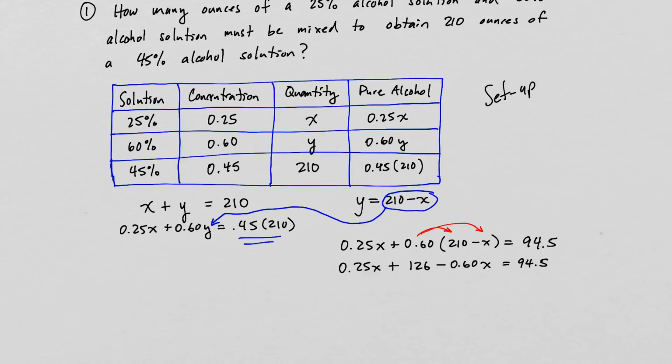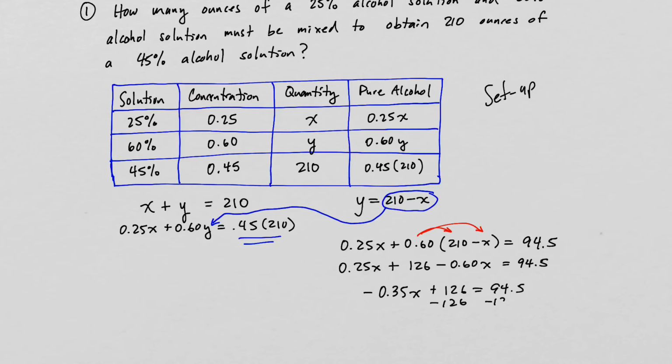So next we go ahead and combine like terms. 0.25X, take away 0.60X is equal to negative 0.35X plus 126 equals 94.5.